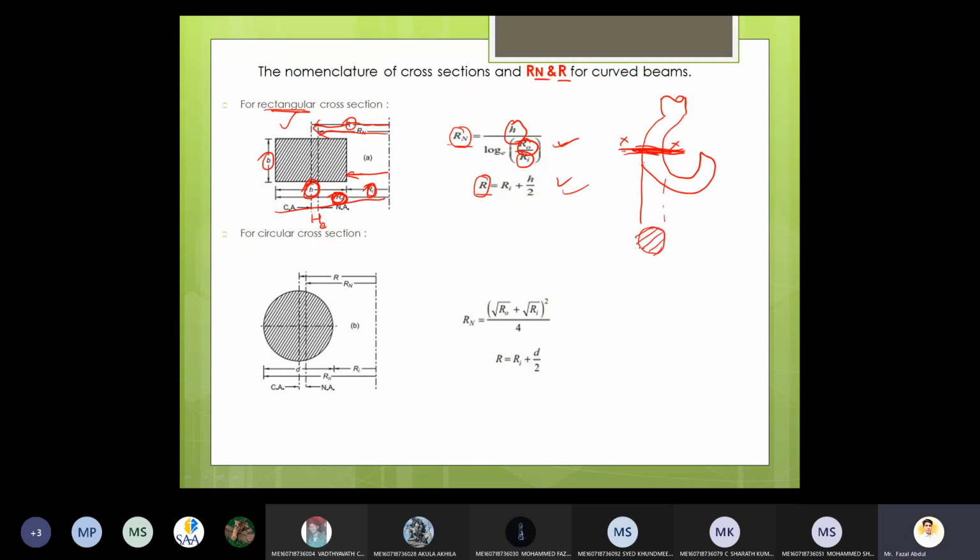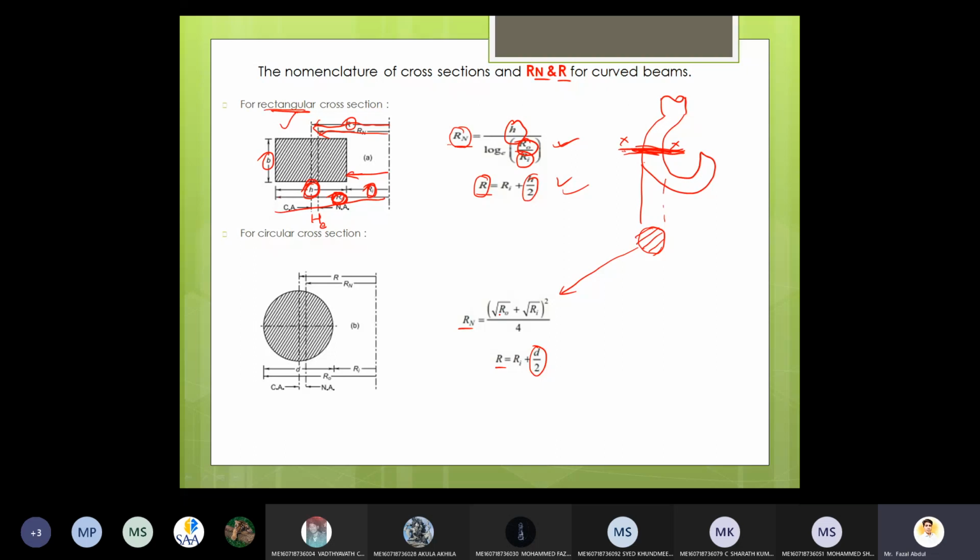So if you find a circular cross section in the examination, blindly go to this equation for Rn and R. For this figure, Rn is the square of the sum of the square root of R naught and the square root of Ri, whole squared, by 4, and R is Ri plus d by 2. See this figure: h by 2 before, here d by 2. Only in place of h it is using d.